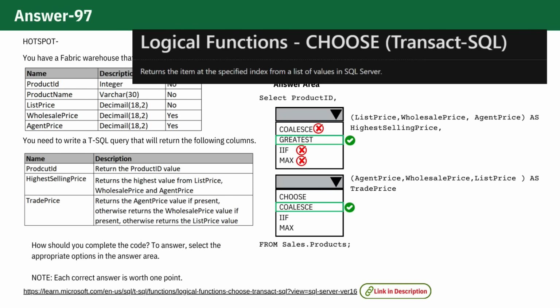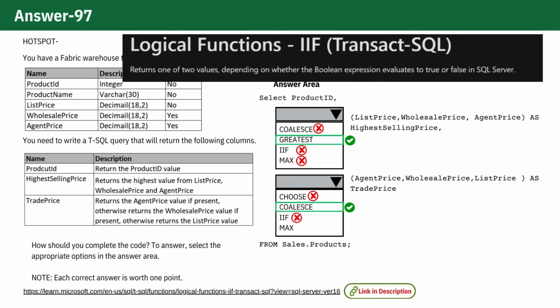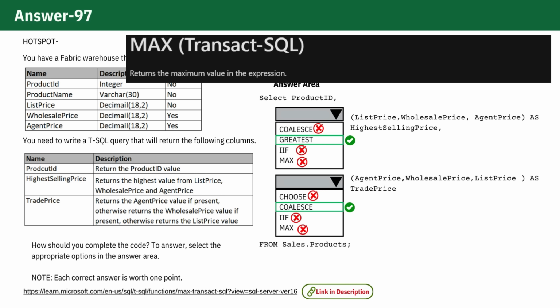Choose returns the item at the specified index from a list of values in SQL Server, which does not meet the condition of prioritizing agent price, then wholesale price, and finally list price. IIF is a conditional function that requires a true-false condition, making it less suitable for this purpose. Max, again, aggregates data and is not suitable for this purpose.